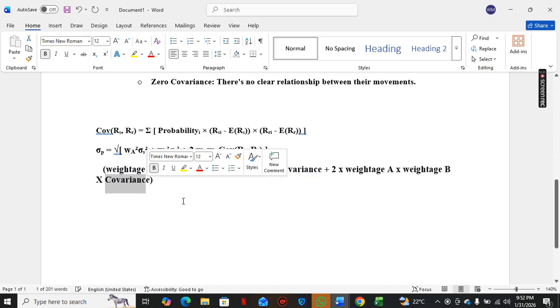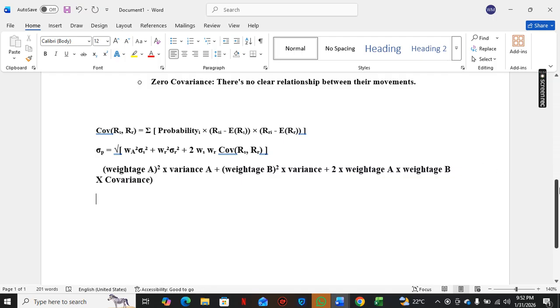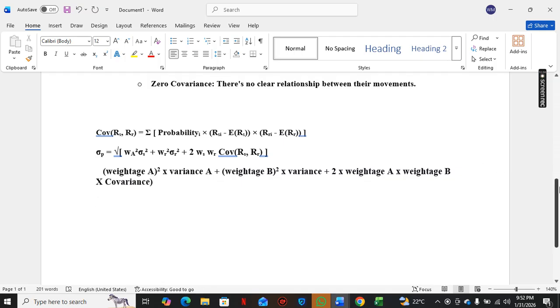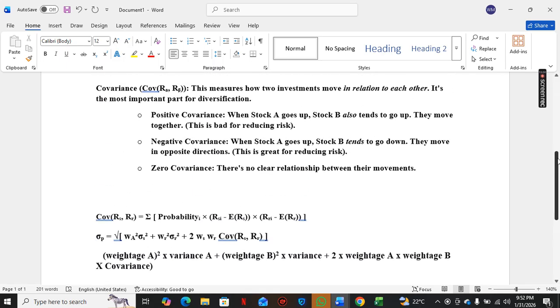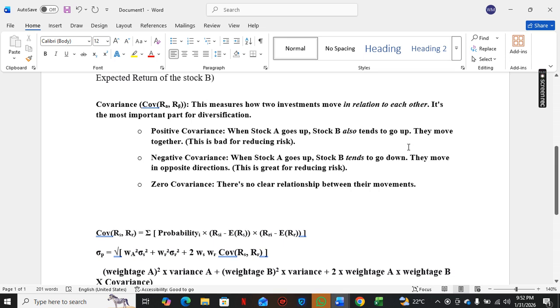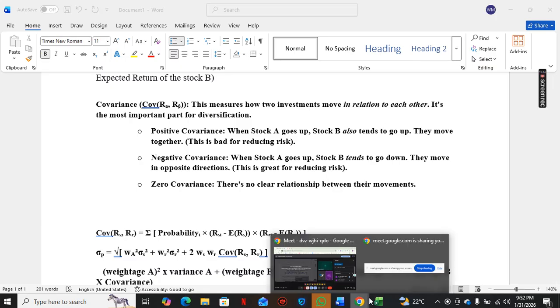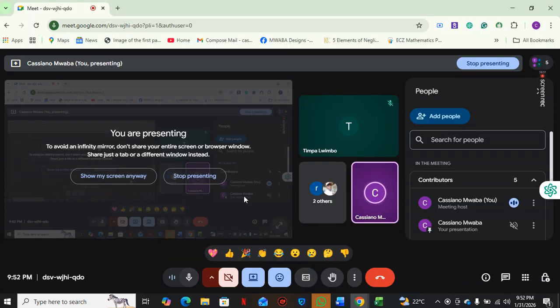So what is this covariance? Covariance basically is showing the relationship between two investments, how two investments move in relation to each other. Now this is a very important aspect of portfolios, because whenever you're making a portfolio, you're trying to diversify your risk.